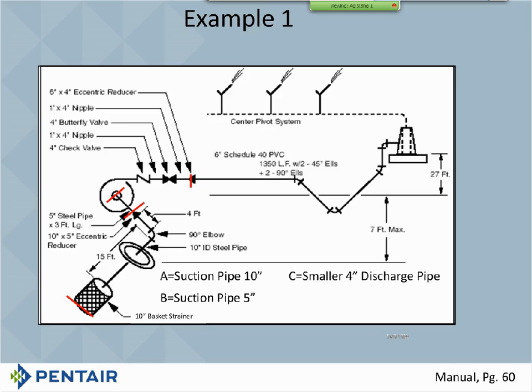It's going to go from the eccentric to the pump. And then section D is our 6-inch larger pipe. It's going to go from that eccentric to our center pivot. So everybody understands the 4 different pipe sizes that we're using here and what they're going to mean. We're going to call them section A, section B, section C, and section D.